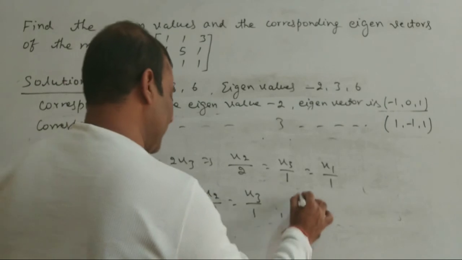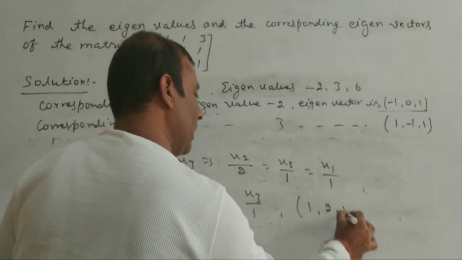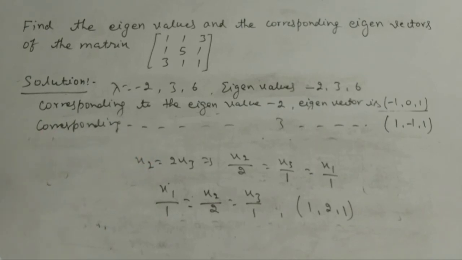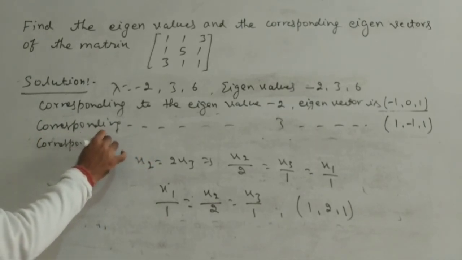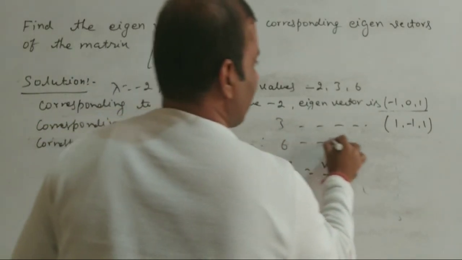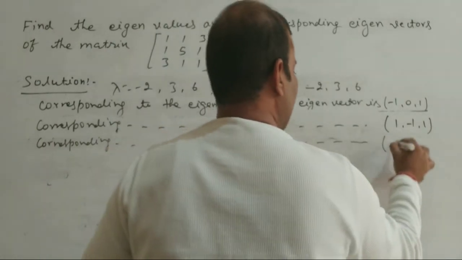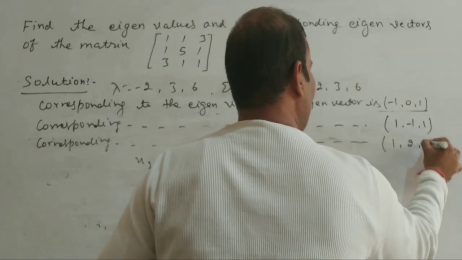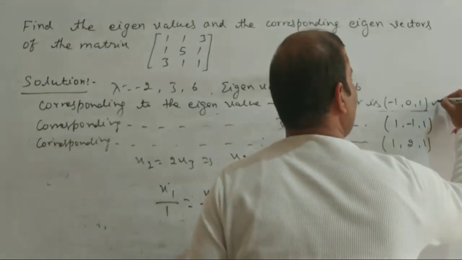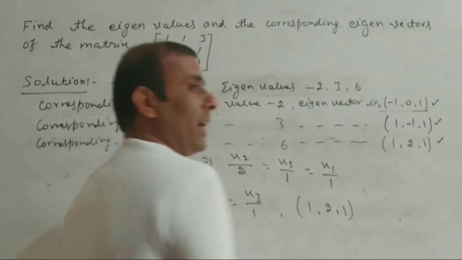So the corresponding eigenvector is 1, 2, 1, that is, corresponding to 6 the eigenvector is 1, 2, 1. This is your first eigenvector, second eigenvector and third eigenvector.